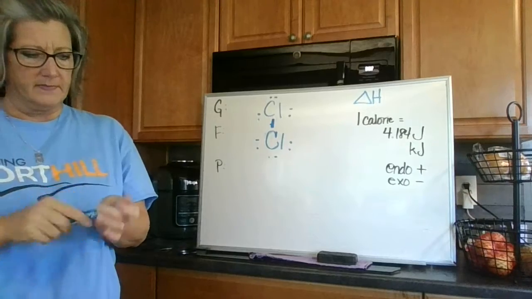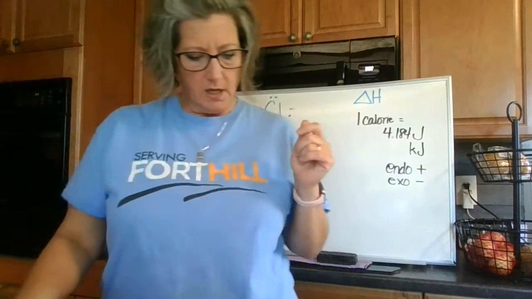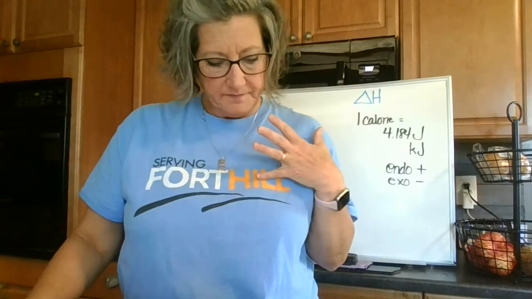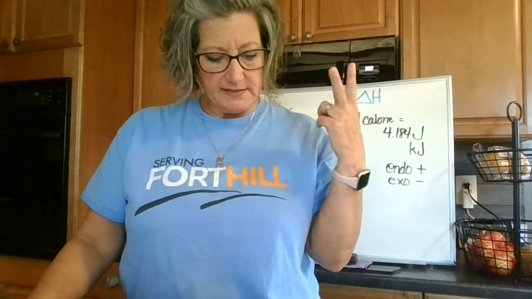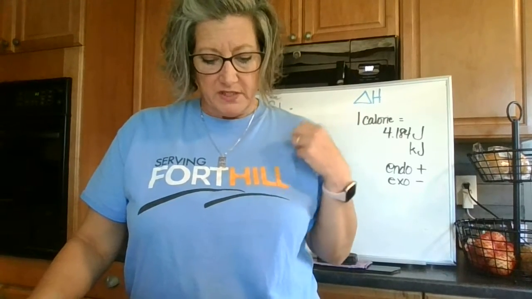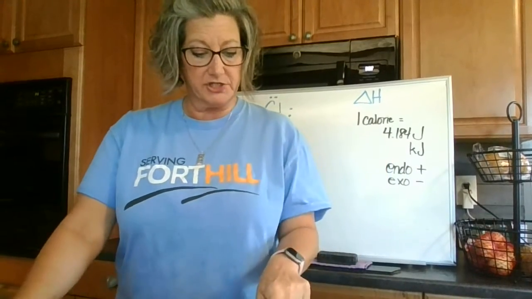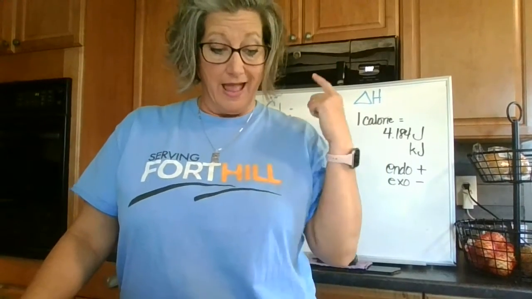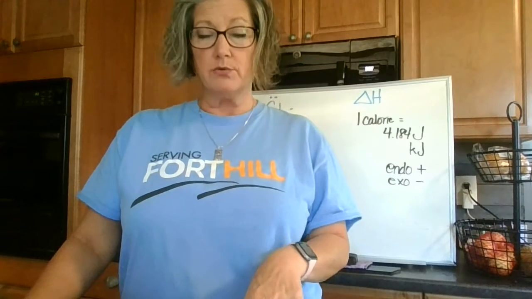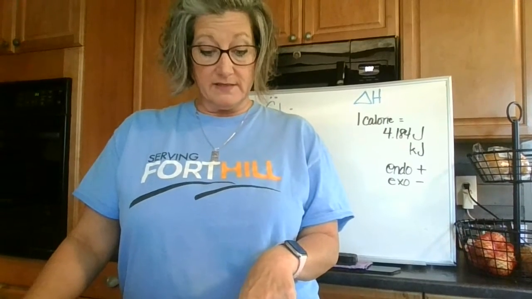Okay? Now, where was I? 2 things. First, if you wanted to break apart 1 mole of chlorine molecules, you'd have to expend 240 kilojoules of energy. How do I know that? Because look at this little table right up above it.